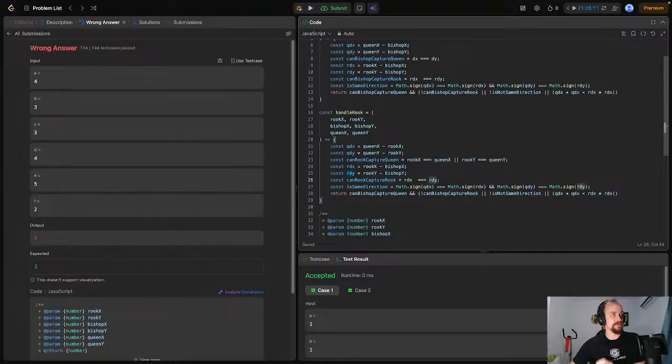We're on our way to a solution though, a big O(1) solution. Rook X equals bishop X, or rook Y equals bishop Y. And try to have the code be self-documenting.